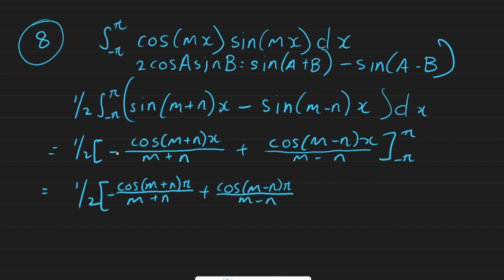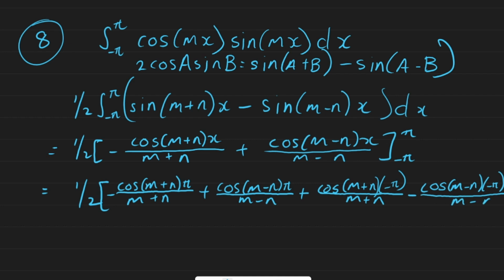Then a minus and a minus gives us a plus. The next term is plus cos of m plus n times minus pi divided by m plus n. And lastly, minus cos of m minus n times minus pi divided by m minus n.